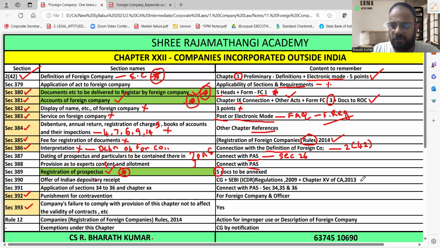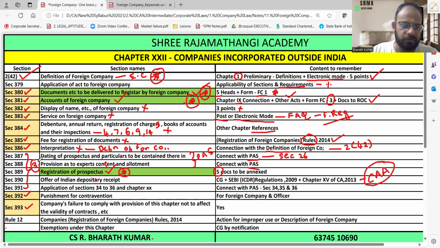What is chapter number 15? It is your mergers and acquisitions, similar connection, compromise, arrangement and amalgamation. So what you studied in your accounts will be connected here for your Indian depository receipt, which we already connected. So 387, 388, 389, 390, 391, all this will be indirectly connected with your chapter number 3.